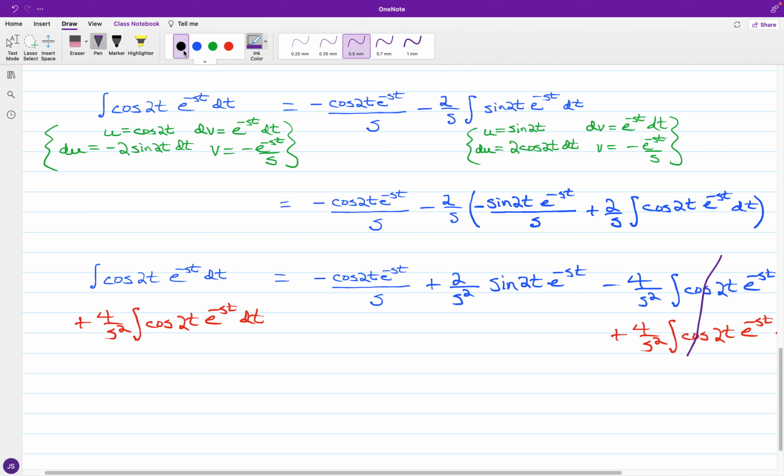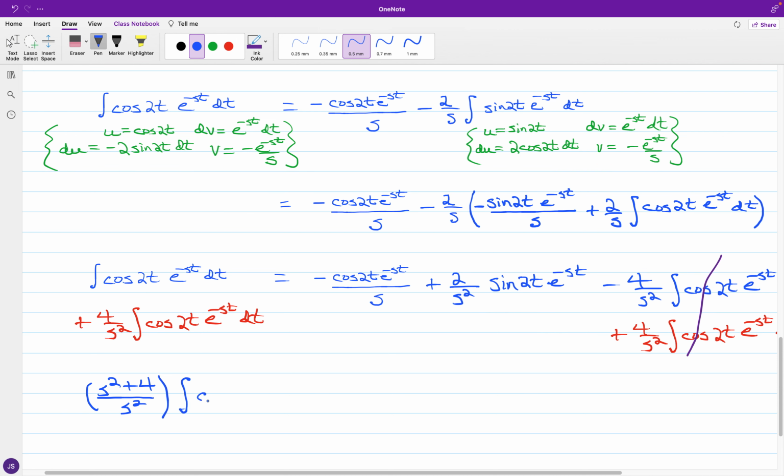If I combine these integrals and consolidate, we get 1 plus 4 over s squared. So in this case, we're going to have the quantity of s squared plus 4 all over s squared.